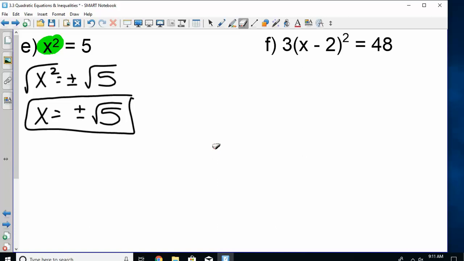Looking at the next one. If I want to solve this for x, what are your thoughts? There are two different approaches. Okay, one option would be to divide our 3 over.